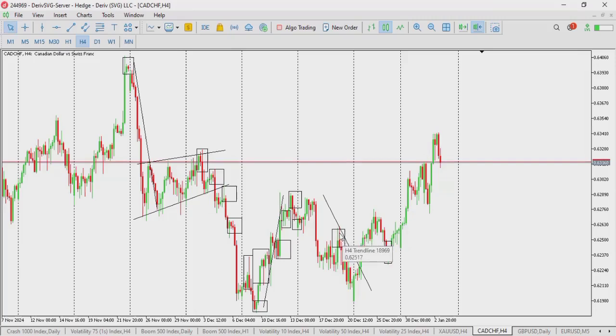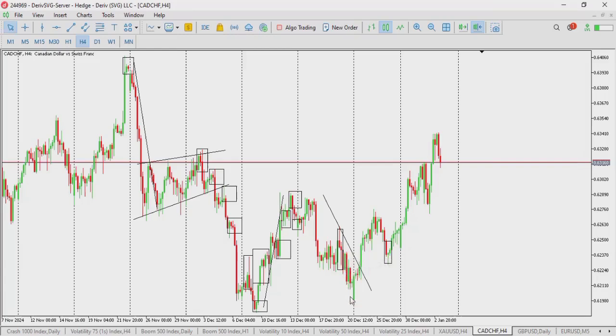So this is the order block responsible for this move down. This is the last green candle and the wick that led to this drop. But now note something again. What happened?